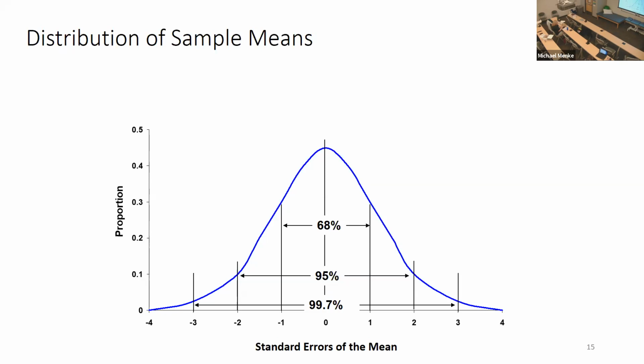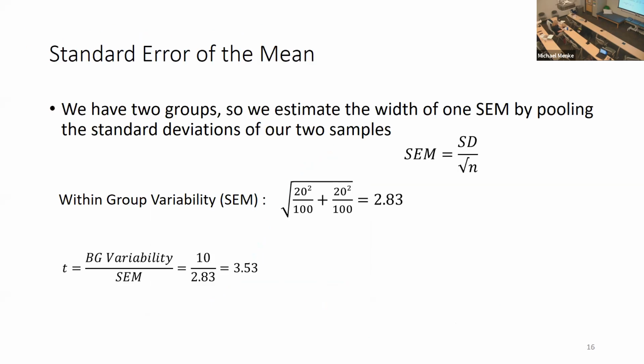So we can then calculate how far apart two means are in standard error differences. And that forms the basis of our inferential test. Because we know that a mean of one standard error difference is pretty substantial. A mean of two standard errors difference would be huge. So we use that information to form our test statistic like this.